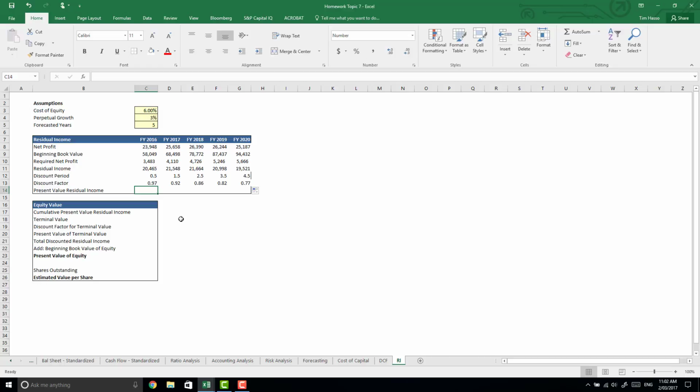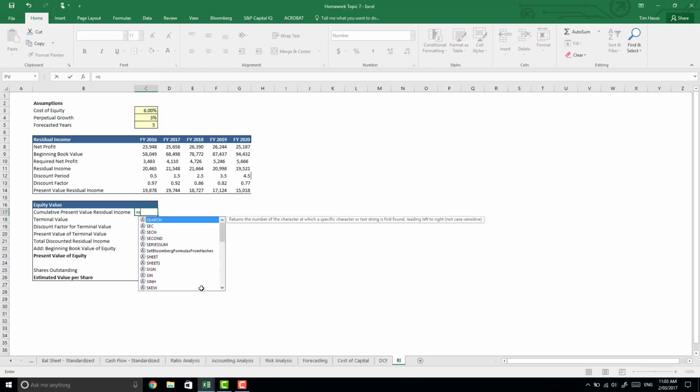Now, the present value of a residual income is merely our residual income multiplied by the discount factor. So again, it's very similar to the discounted cash flow model, except that instead of looking at cash flows, it looks at residual income. Now, similarly, to get a share price, we first need to figure out what is the sum of our forecasted present values, but also we then need to figure out what is the terminal value as well.